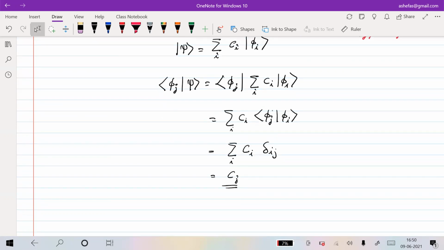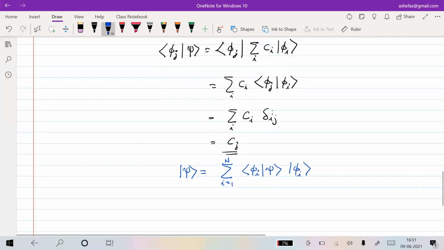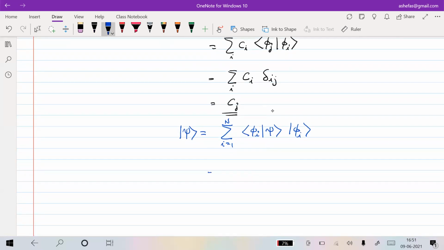Okay, then how can we write ci? Then our original vector psi we can write as sum over i equal to 1 to n, ci we can write as inner product phi i psi, times phi i. So this can be written as sum over i equal to 1 to n. This is just a number, this is a vector.